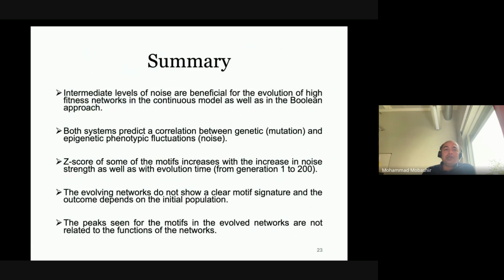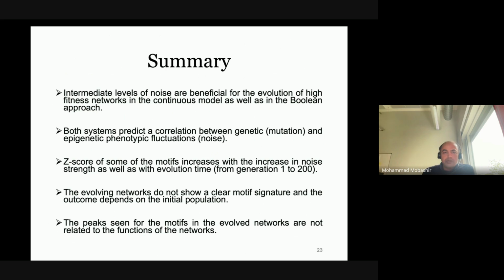The summary of this presentation is that an intermediate level of noise appears to be beneficial for the evolution of high fitness gene regulatory networks in the continuous model as well as the Boolean or discrete model.